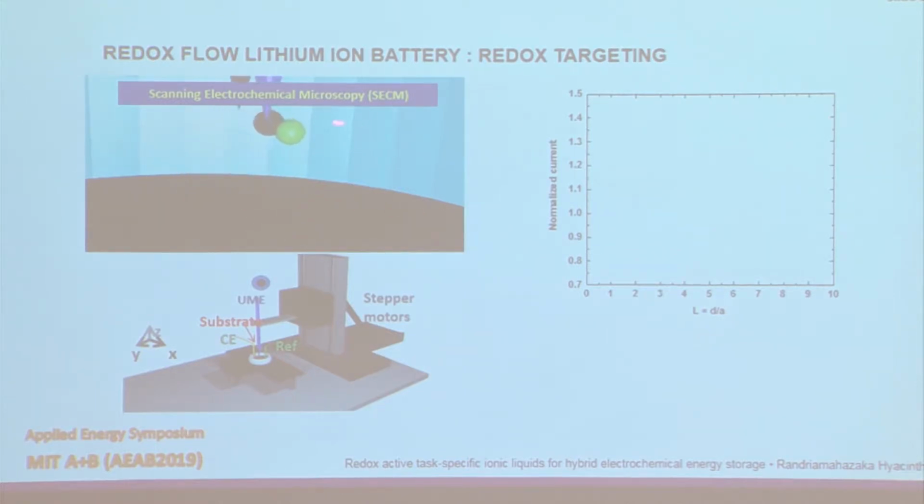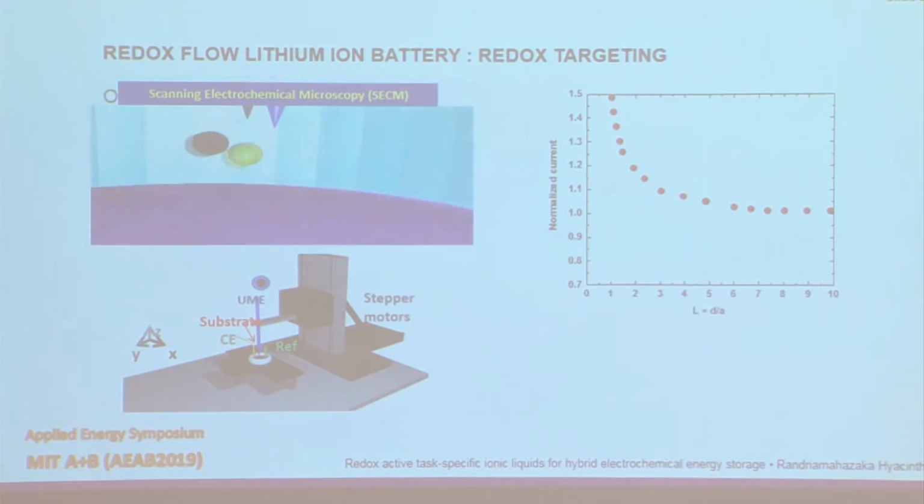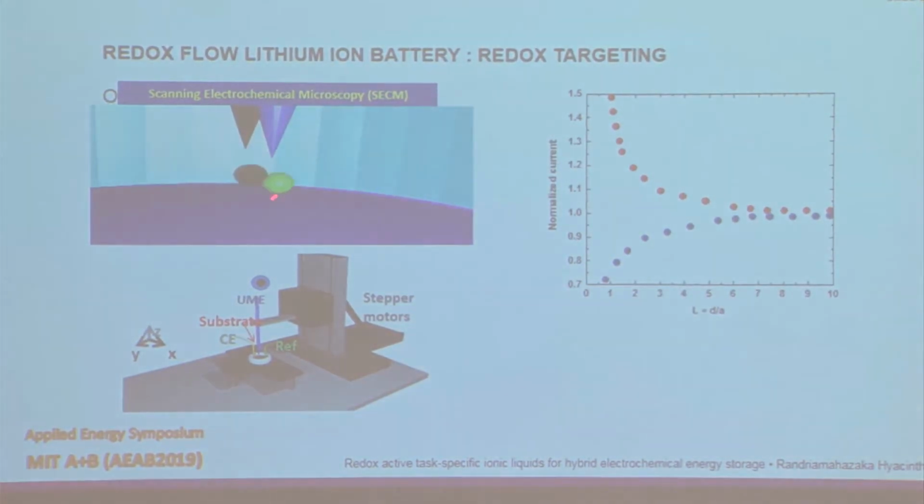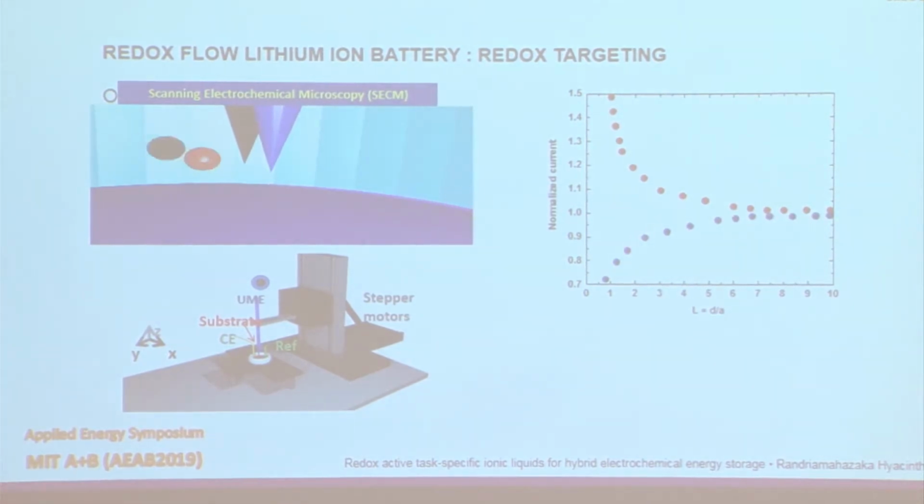So the response can be obtained depending upon the property of this surface. For example, here, with the tip in blue, when we have a conductive surface and the distance between the tip and the surface decreases, one observes an increase of the current. In this case, we speak about positive feedback. On the other hand, if we have an insulating surface, when you decrease the distance between the tip and the surface, we obtain a decrease of the current.